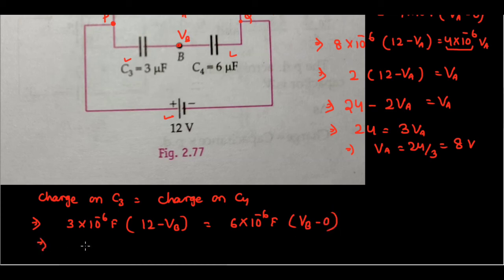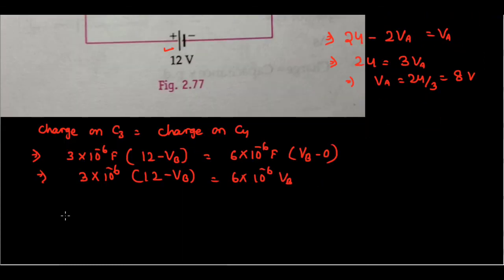That implies 3 into 10 to the power minus 6 into 12 minus VB is equal to 6 into 10 to the power minus 6 into VB. Now I can divide by 3 into 10 to the power minus 6 on the right side. So I will get 12 minus VB is equal to 2 into VB, because 6 into 10 to the power minus 6 divided by 3 into 10 to the power minus 6 will be 2.